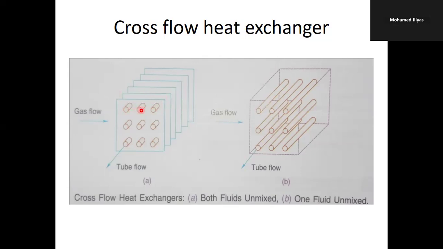Similarly, when the gas is flowing between the plates, the gas molecules flowing on this side will not mix with the gas molecules flowing adjacent to this plate. In this way, we say both fluids are unmixed.